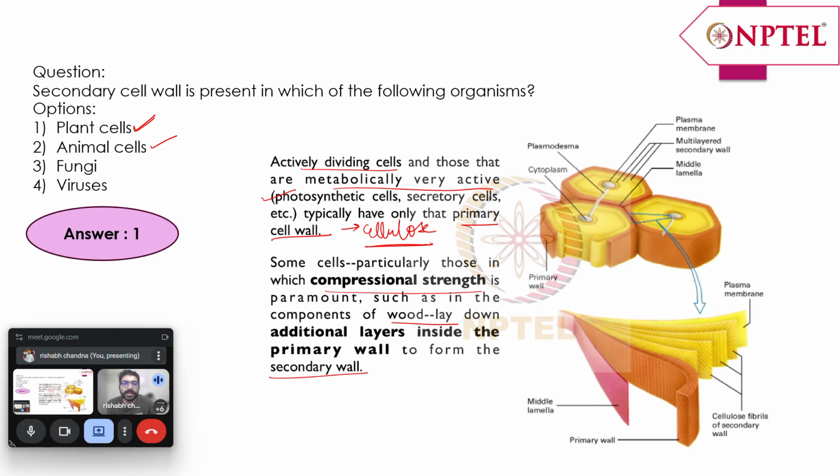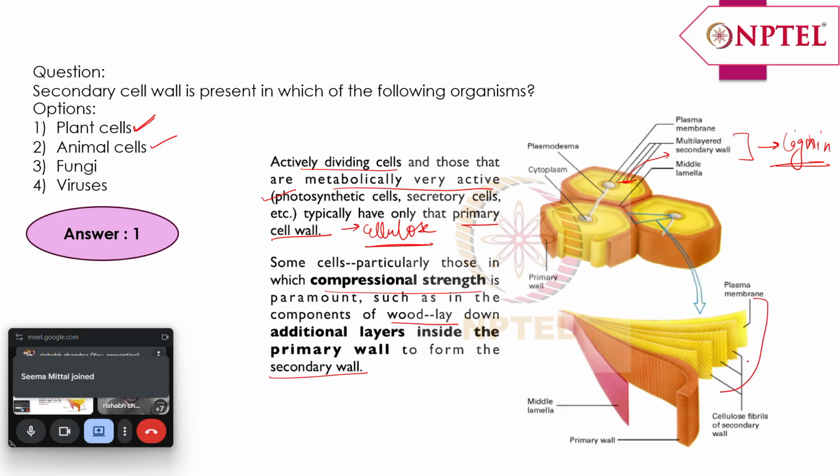Okay, so in that case, this is the multi-layered cell wall that is required by the plant cell to have grip or compressional strength. It is mostly made up of lignin. It is multi-layered, and can contain lignin as well as cellulose.